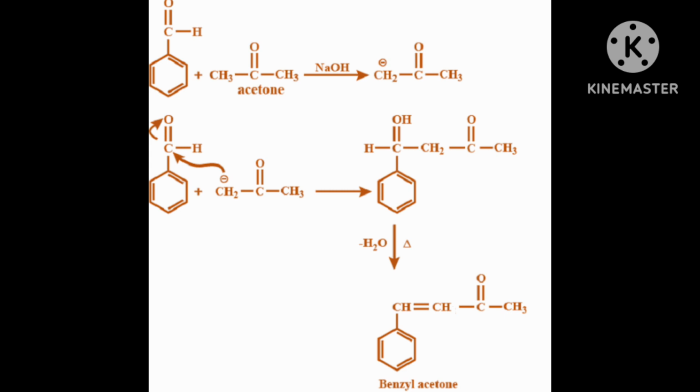Due to that, again you will get another product, but a double bond will be there, and only the number of carbon will be more. Here you should understand that you have taken both acetaldehyde and propanaldehyde, but you are getting 4 products.